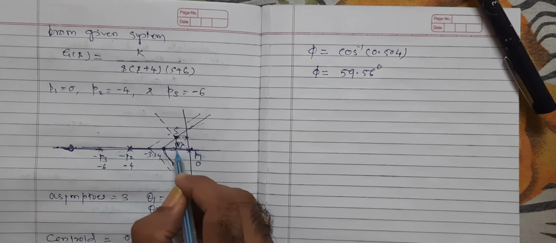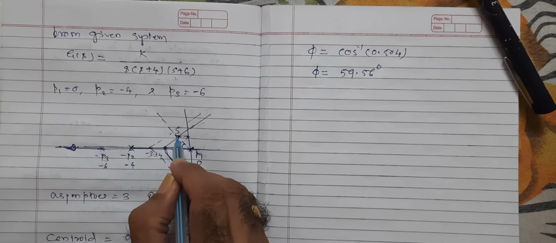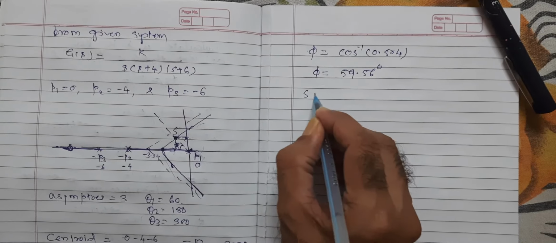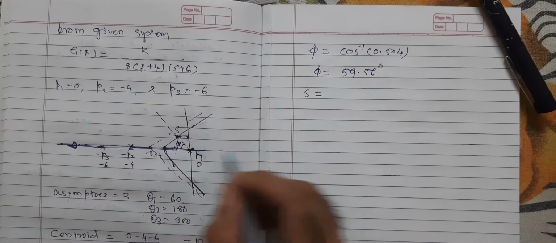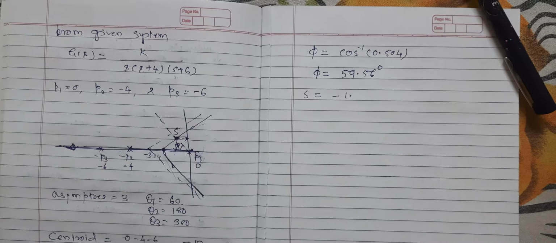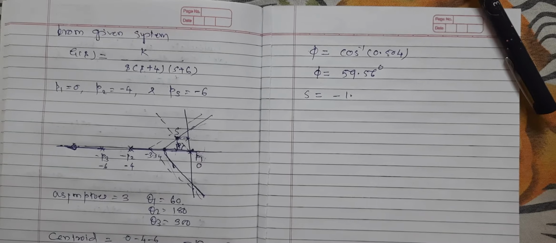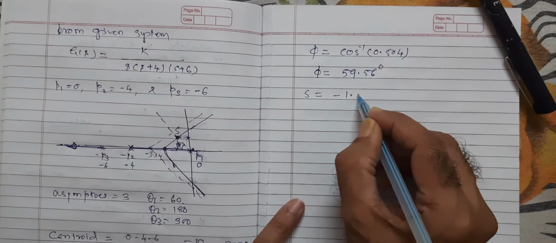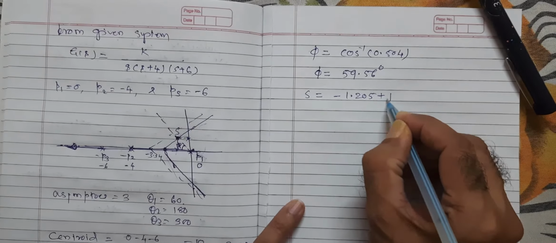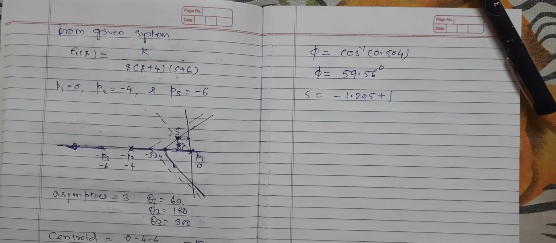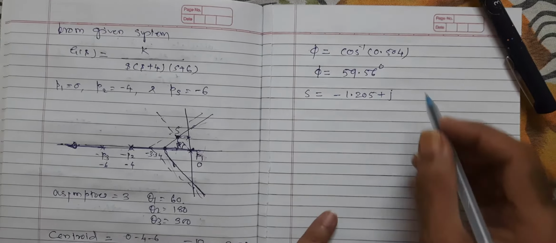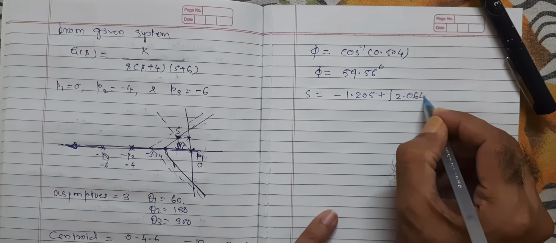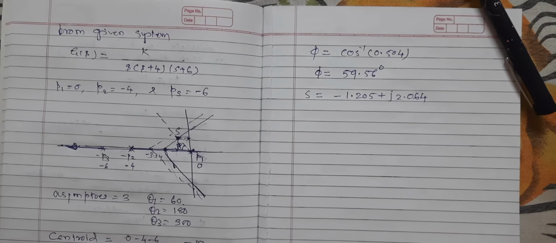We will find out the x value and the y value of this point. So s is equal to minus 1.205 plus j 2.064.